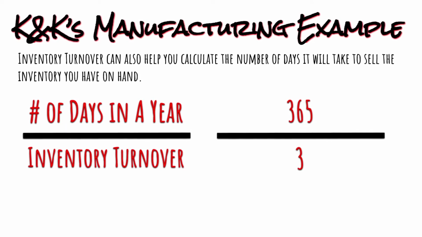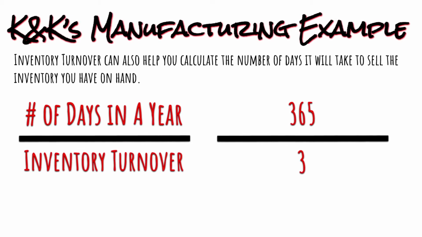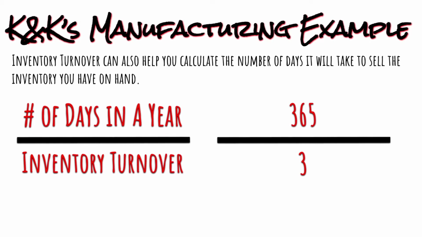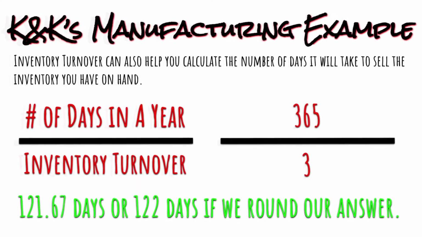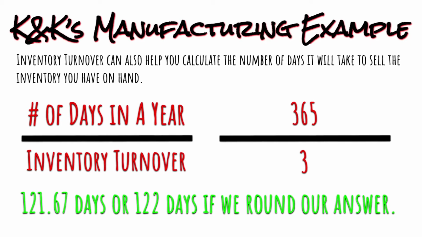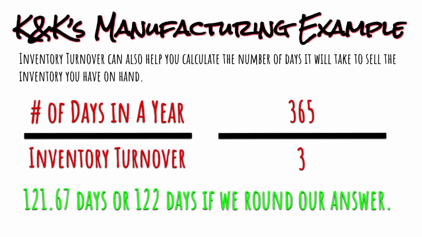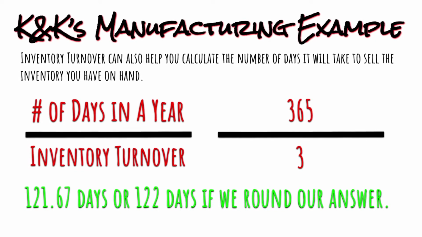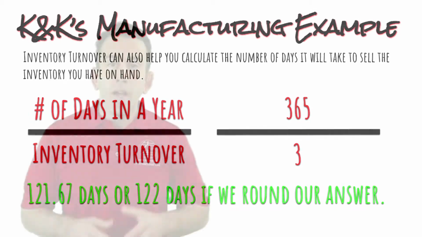To calculate how many days it will take to sell the inventory on hand, we simply divide 365 days in the year by 3, which equals 121.67 days, or 122 days if we round our answer. We now know how long it will take to sell the inventory. And that's it. Inventory turnover.